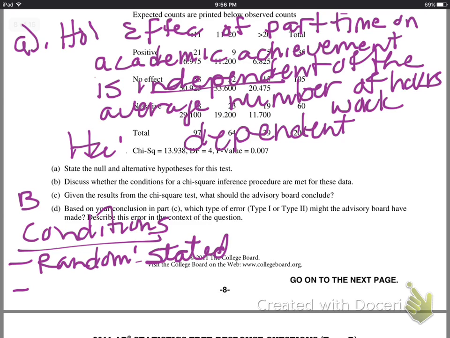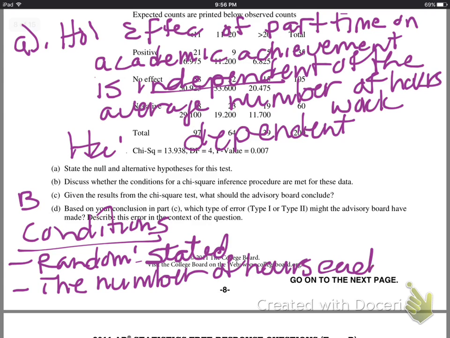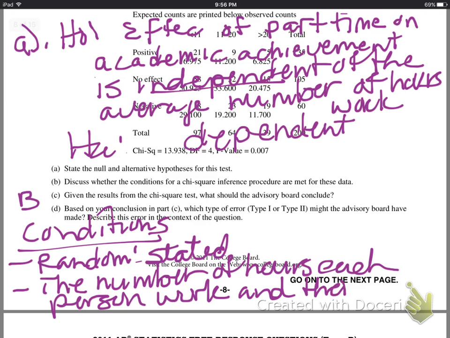The number of hours each person worked and their effect has been recorded.